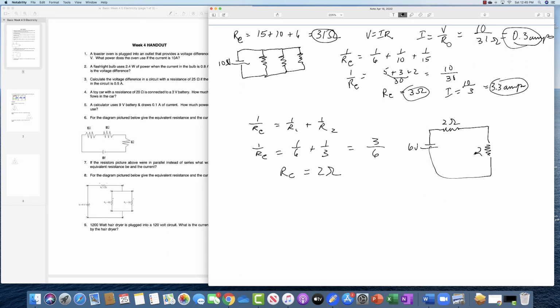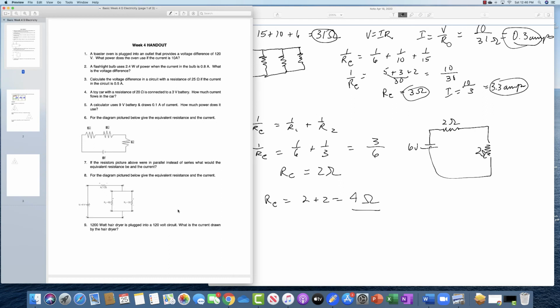So now you have two 2 ohm resistors in series, which means the equivalent resistance for those is going to equal 2 plus 2, or 4 ohms. So now if you were to change all 3 of these into one resistor, it would be a resistor of 4 ohms.